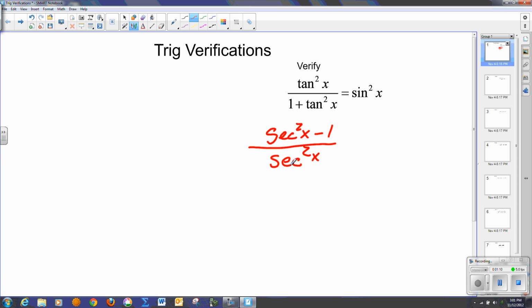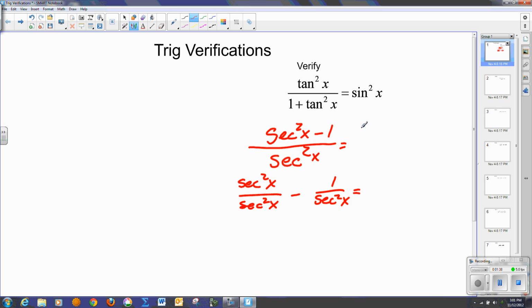So you'll notice on top I have a subtraction, on bottom I have a singular denominator. One of the tricks I commonly use is I split these up into two separate fractions. So this is secant squared x over secant squared x minus 1 over secant squared x.